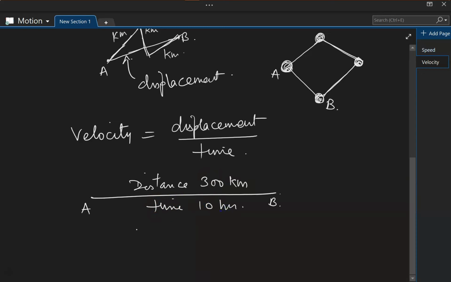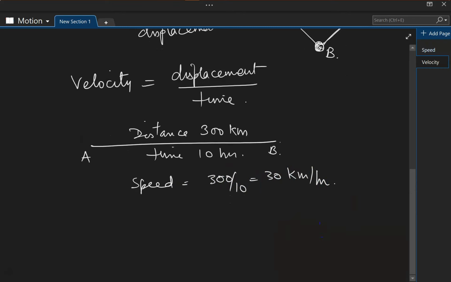So that means your speed is 300 by 10, which is 30 kilometers per hour. And what is the velocity? Velocity is 300 by 10 kilometers per hour, which is 30 kilometers per hour.